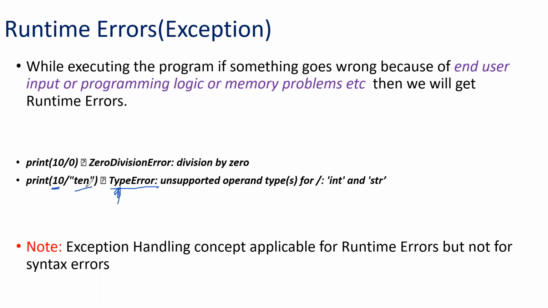Here also 10, but here it is number 10, and here it is string 10, in characters. Still it throws a type error because it is int 10 and it is string 10. So that it throws type error.